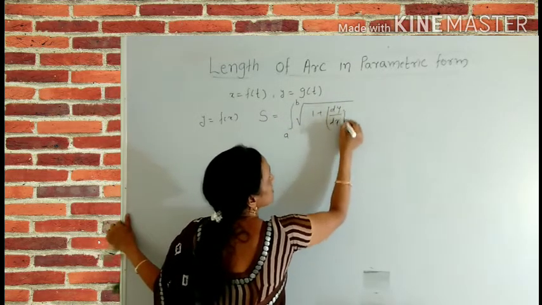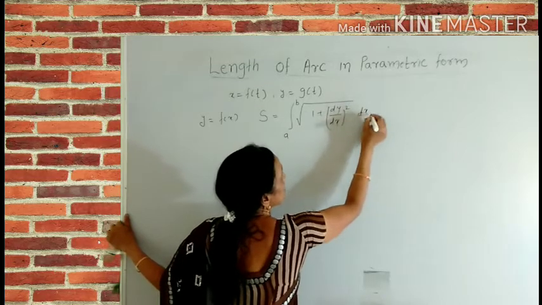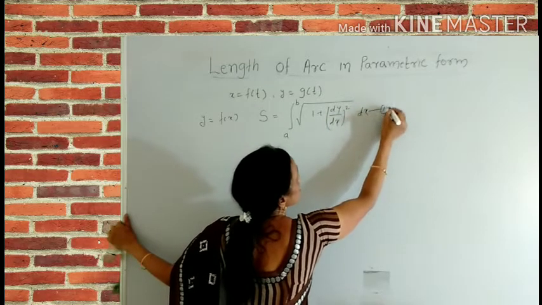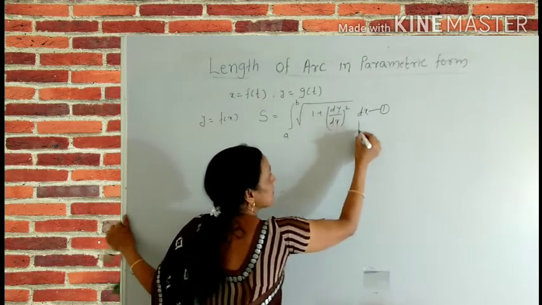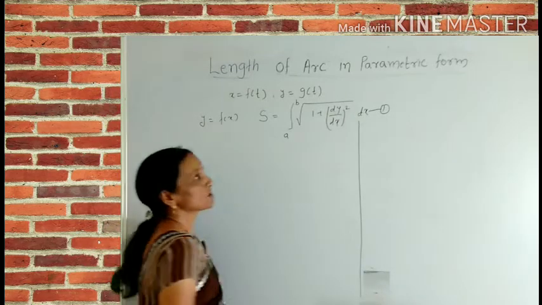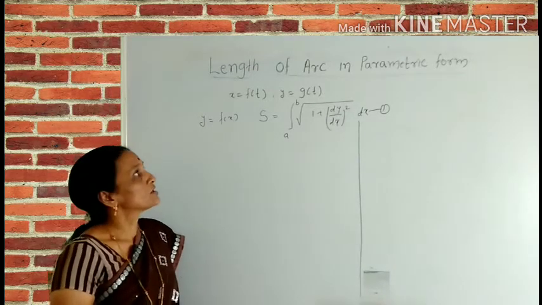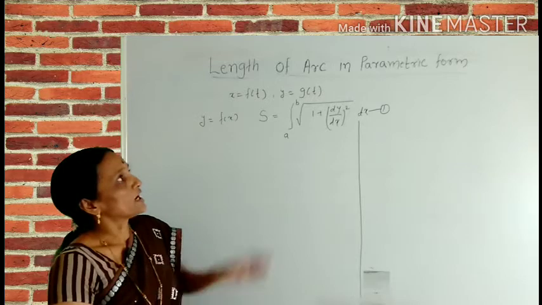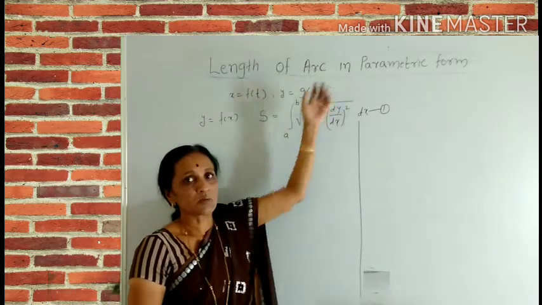Suppose this is equation number 1, and using this equation we find the length of the arc in parametric form.